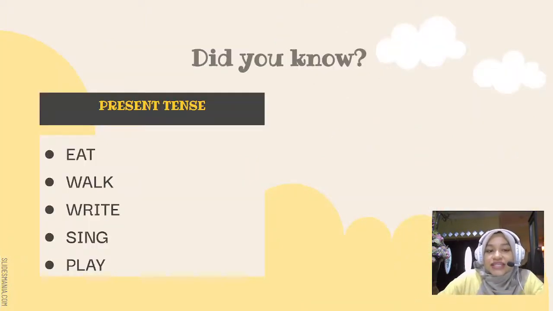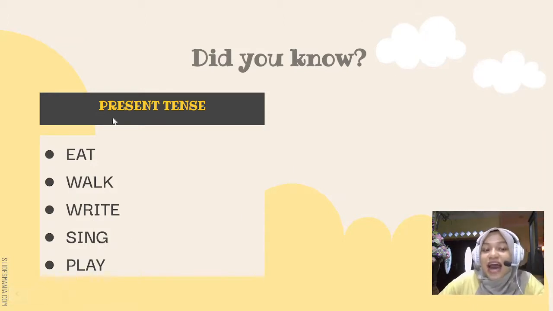Okay, so these are a few verbs in present tense. Present tense means what we are doing right now, the things that happen right now. For example here, I put eat, walk, write, sing, and play.